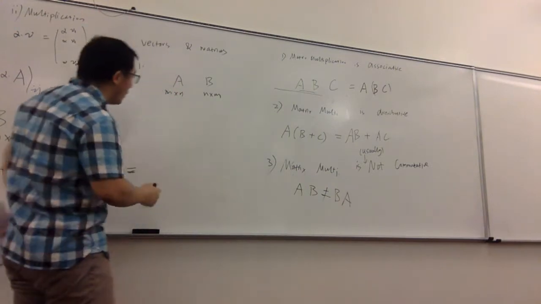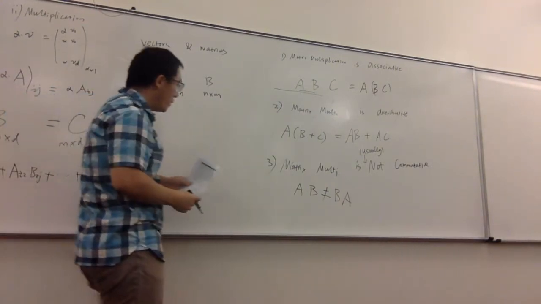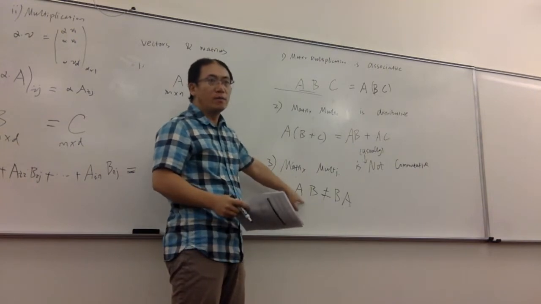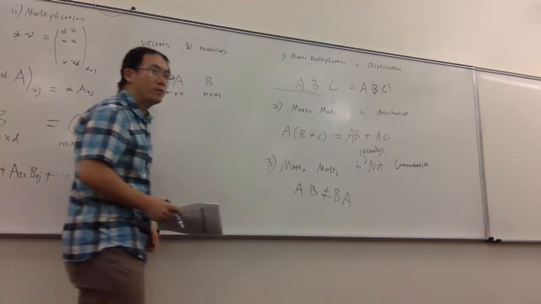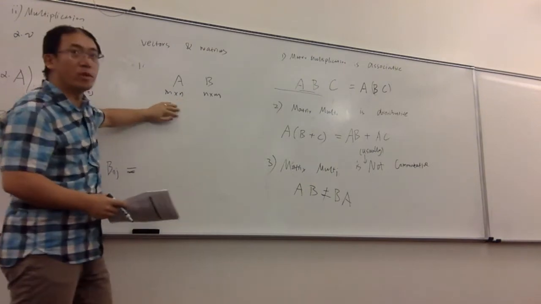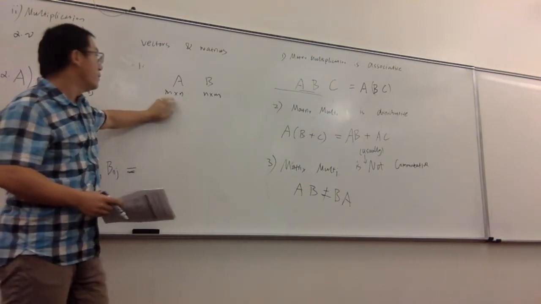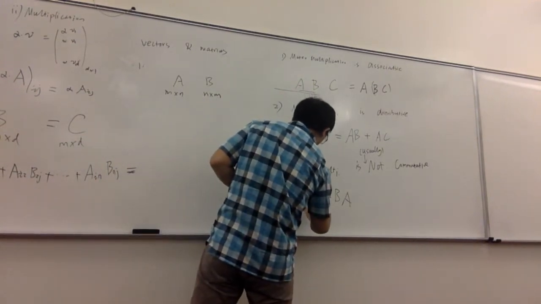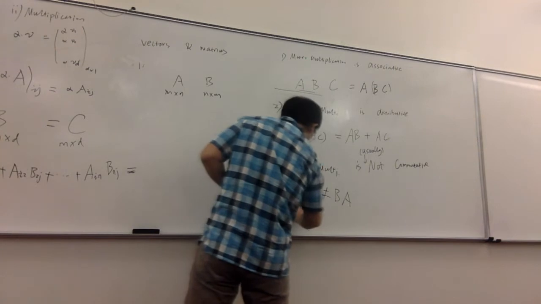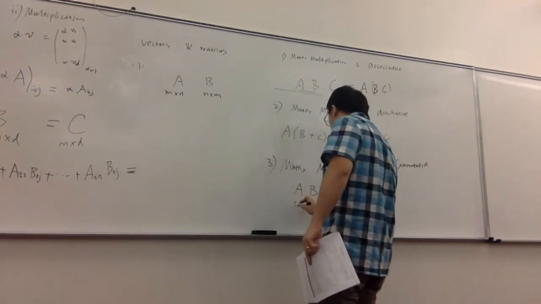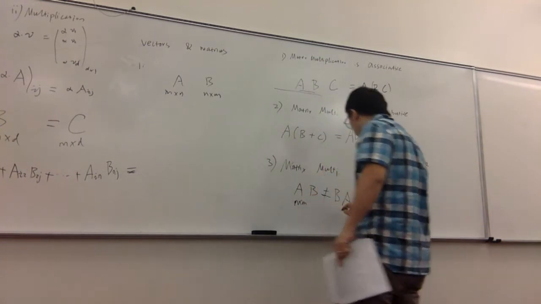So now we can look at the size of the product between A and B. When you multiply A with B, what's the size of the result? M by m. M by m, right? Then what's the size of the product between B and A? It's n by n.